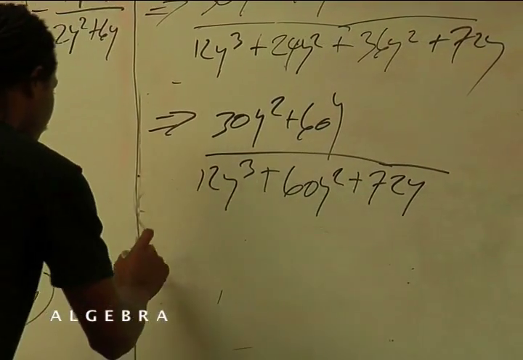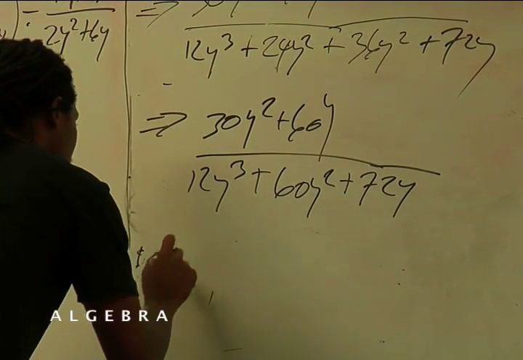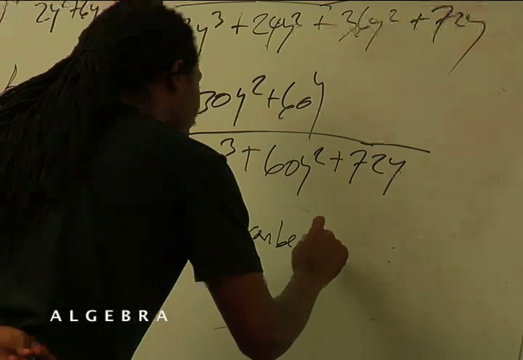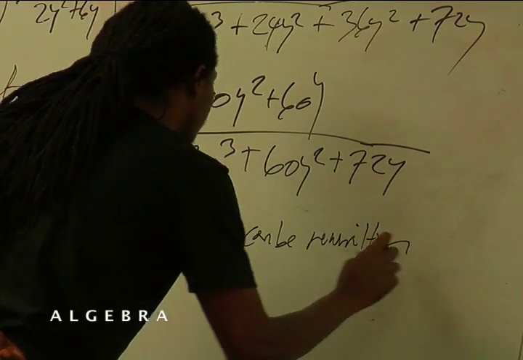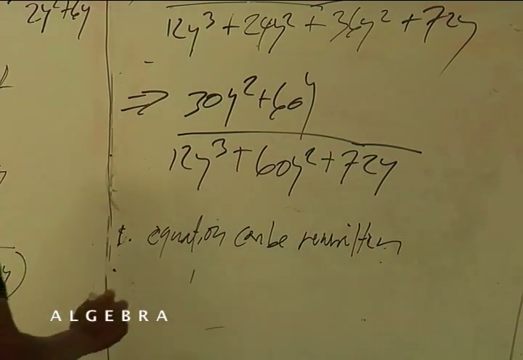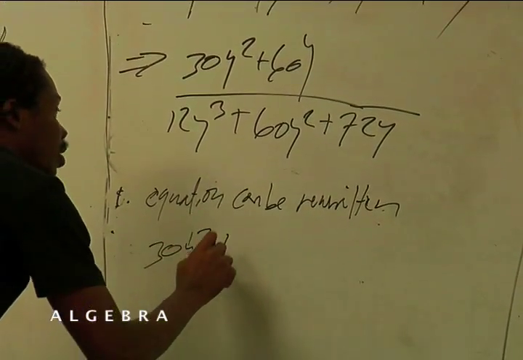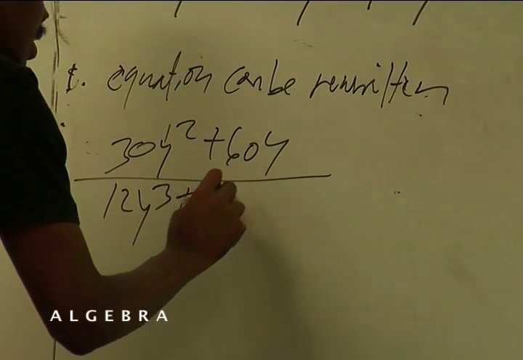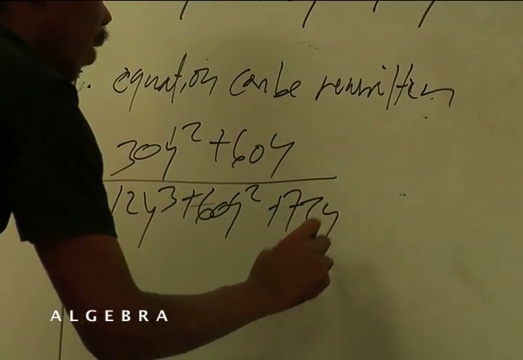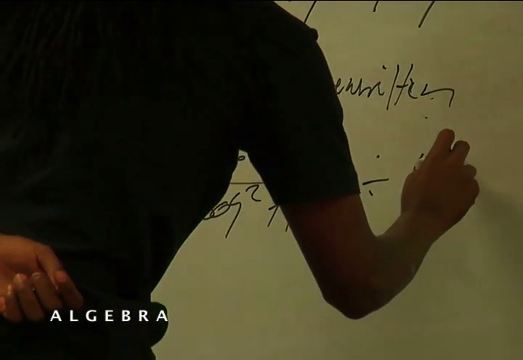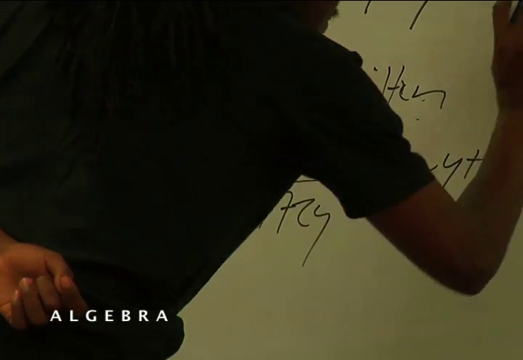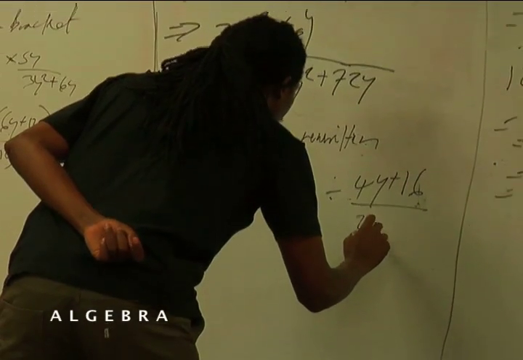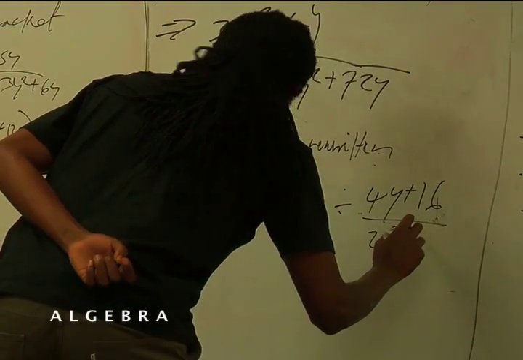So we said, therefore, the equation can be rewritten: 30y squared plus 60y over 12y cubed plus 60y squared plus 72y, divided by 4y plus 16 over 2y squared plus 6y.